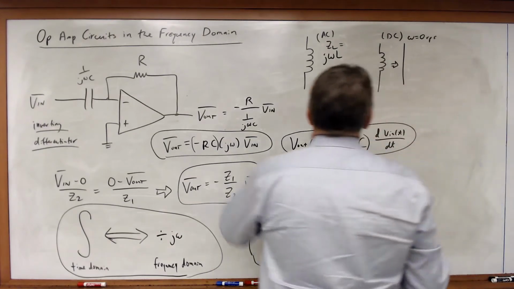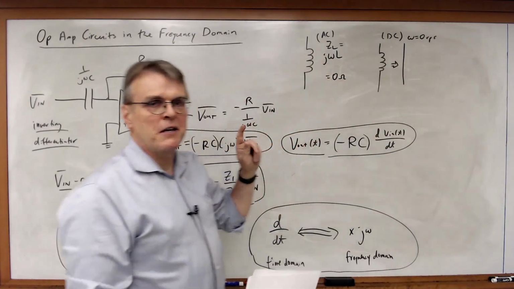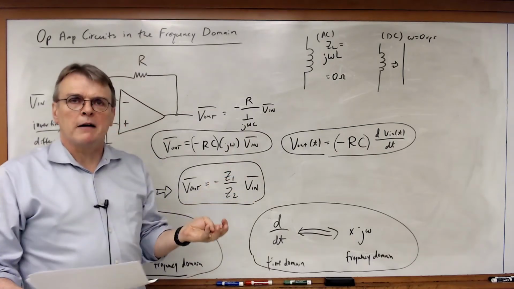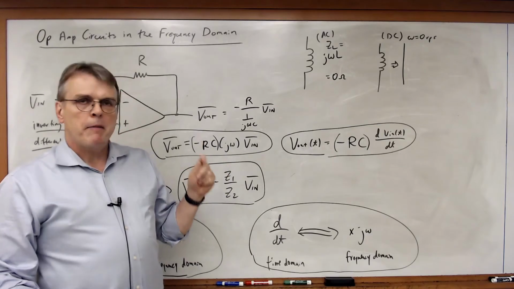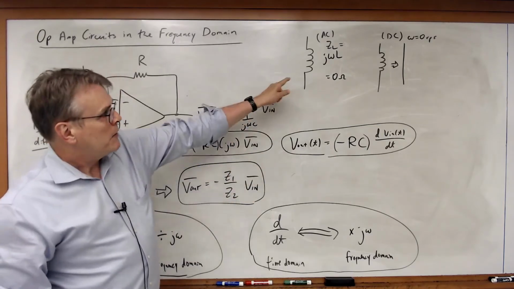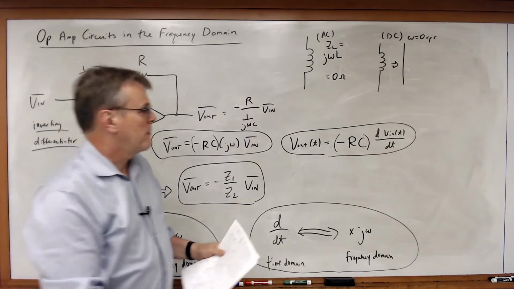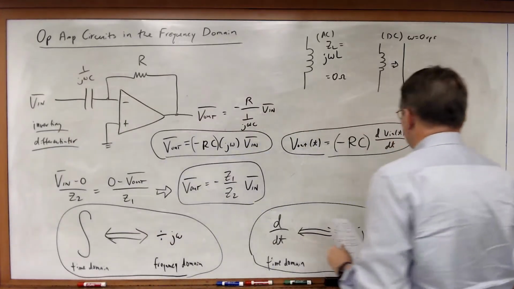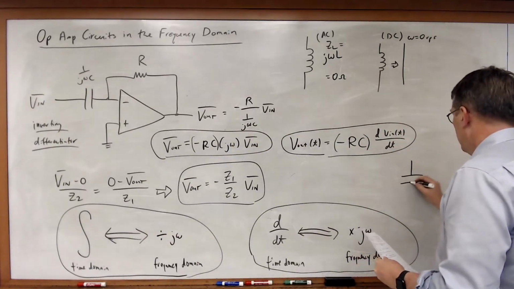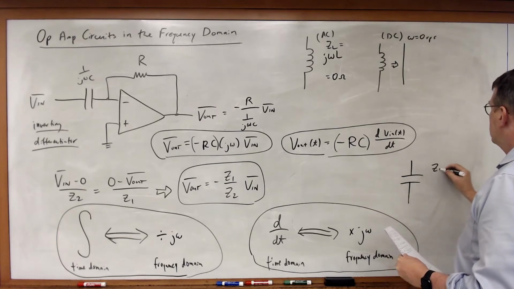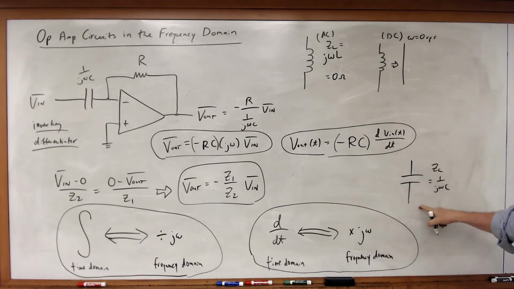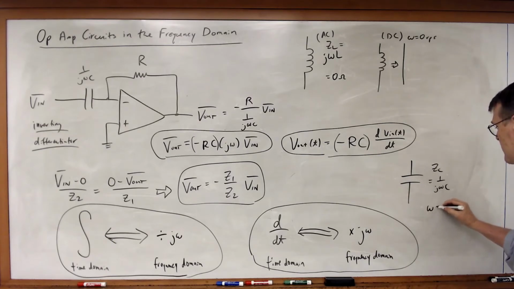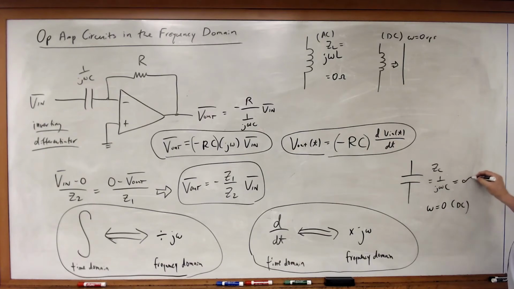So we begin to see here some other things. Up to this point, I've been telling you guys an inductor acts like a short circuit in a DC circuit. A capacitor acts like an open circuit. Well, here's the actual math that shows it. And along the same lines, if I've got a capacitor with Z sub C equal to 1 over j omega C, in this case, if omega is equal to 0, in other words DC, then this is equal to infinity.